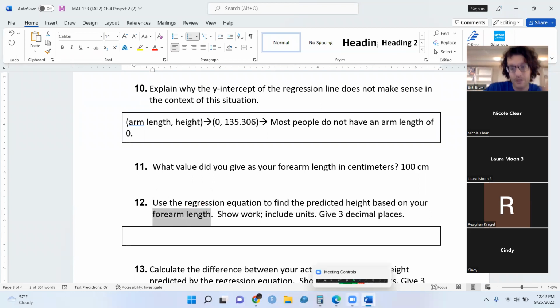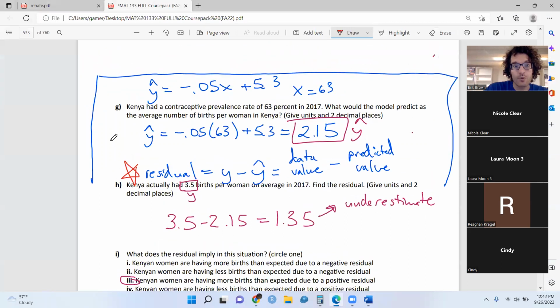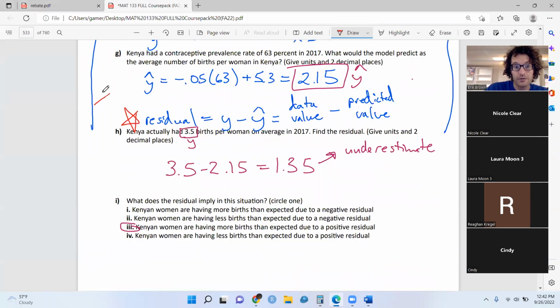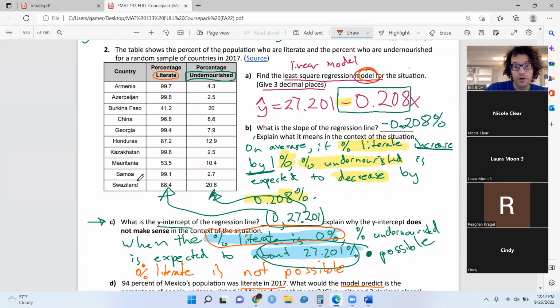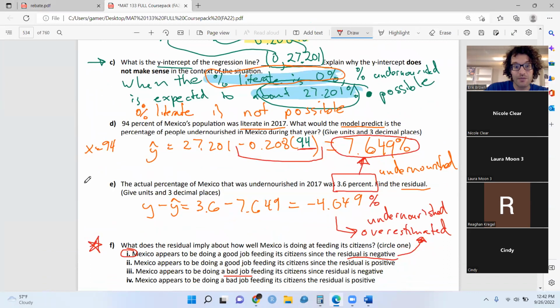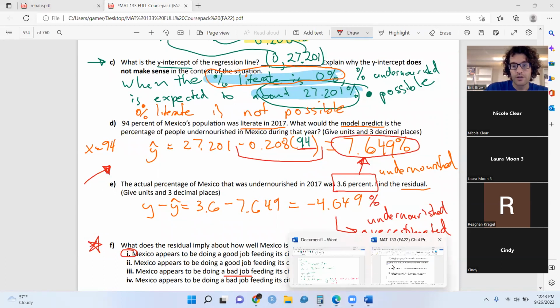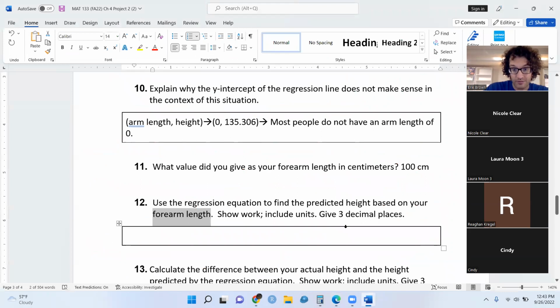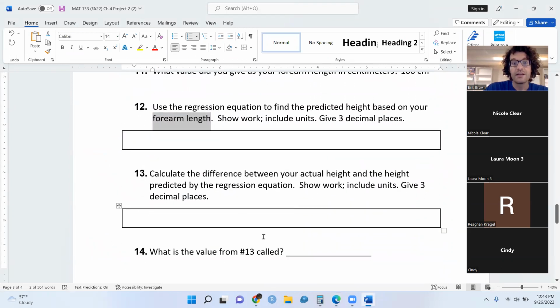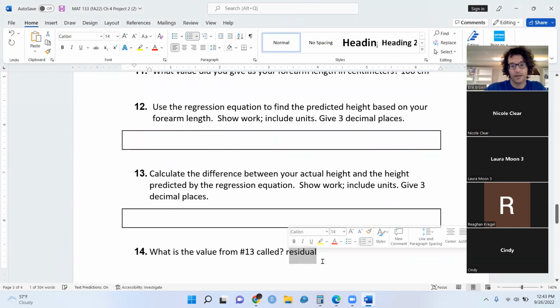Note, this question 12 is the exact same question we did in G on the number 2 worksheet, and it's the exact same question as D. We're taking a value, plugging it into the model to create a prediction. So do that, get your prediction, then calculate the residual in number 13, like we just did. 14, I just gave you the answer, it's the residual.